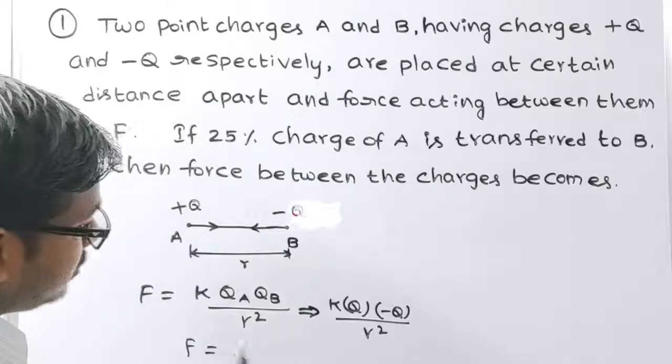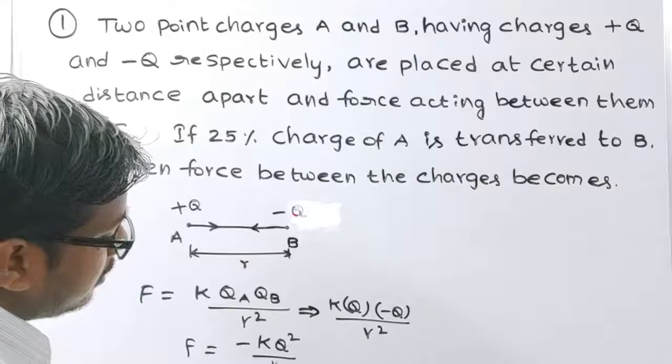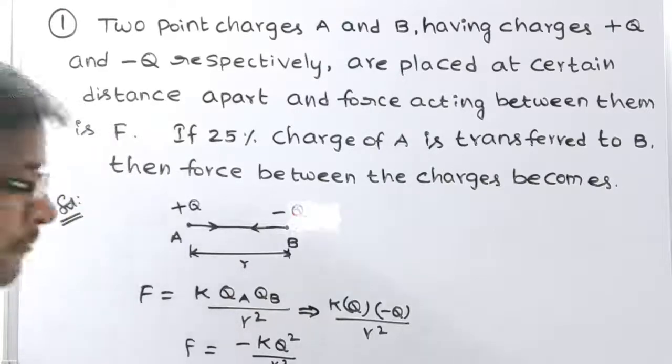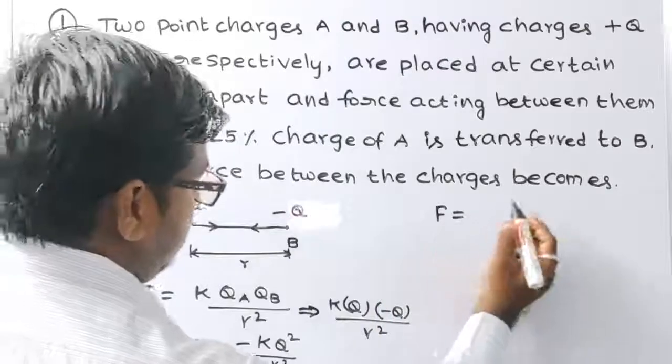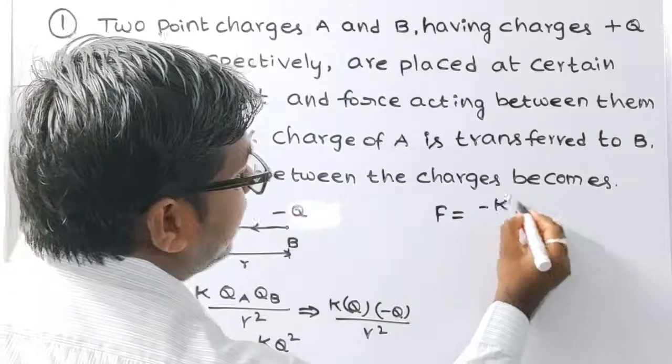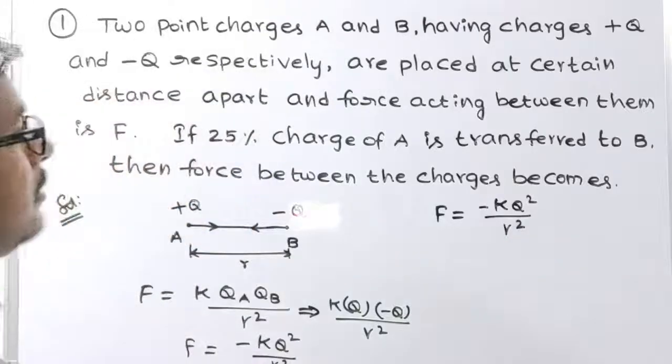Then F is equal to minus K Q square by R square.